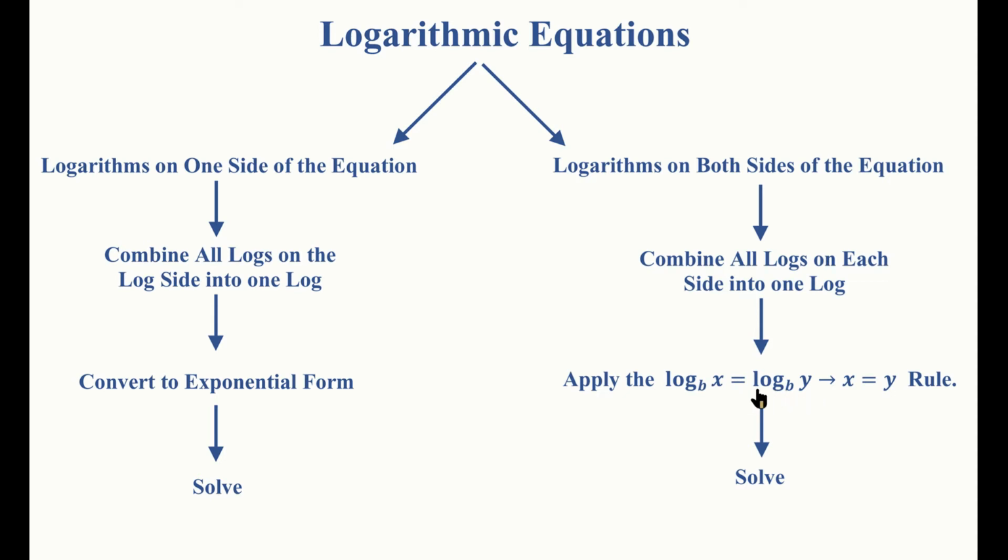Then we're going to conclude from that that x must be equal to y. So once we've done that, then we're just going to have some simple linear equation usually, or could be quadratic, whatever, and then we go ahead and solve. And that's what we're going to be doing. So let's take a look at some actual examples.